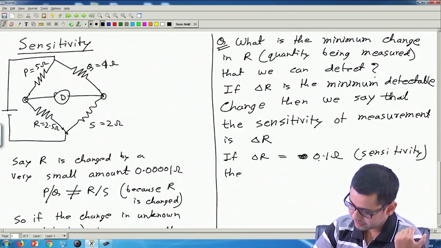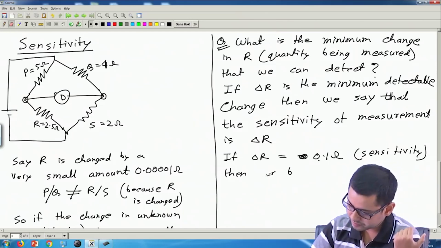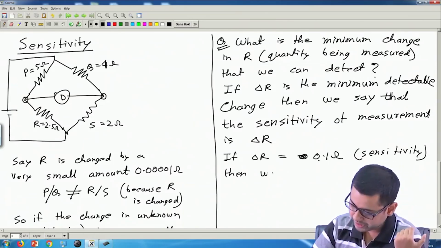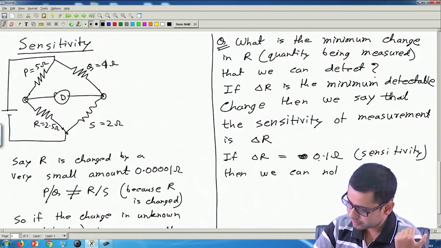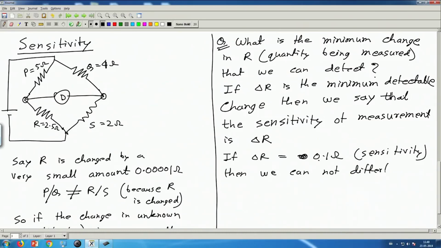Then we cannot differentiate between R equal to 2.5 ohm and R equal to 2.55 ohm, because with R equal to 2.5 ohm no current flows through the detector, and with R equal to 2.55 ohm such a small amount of current flows which we cannot detect.